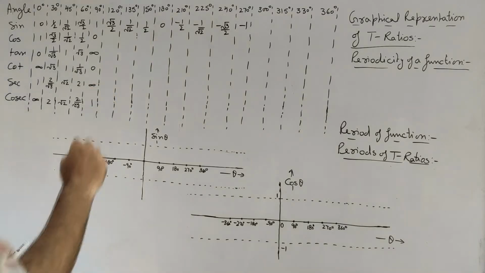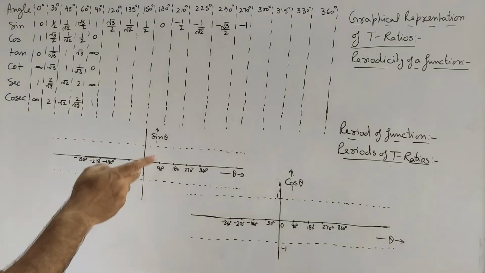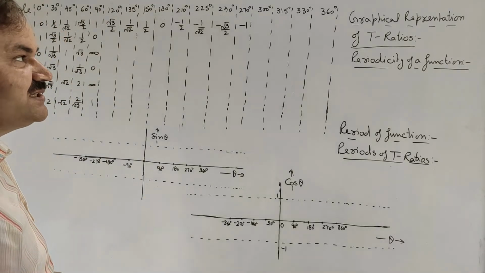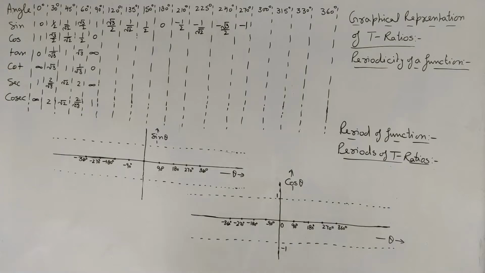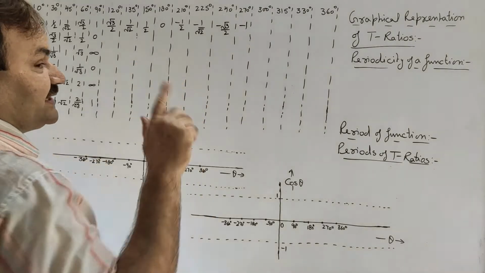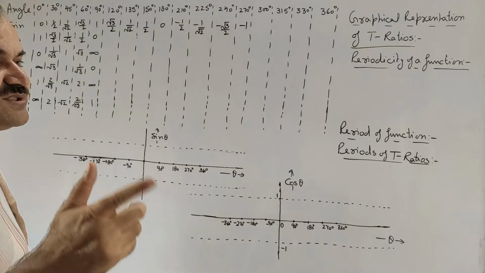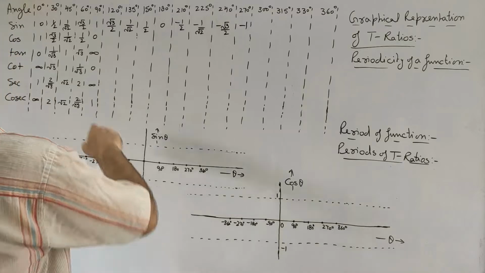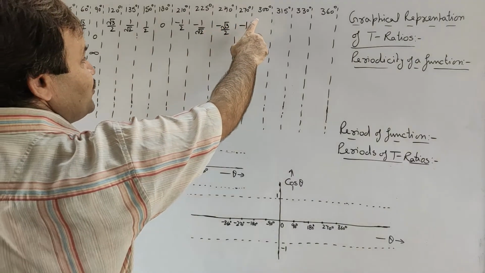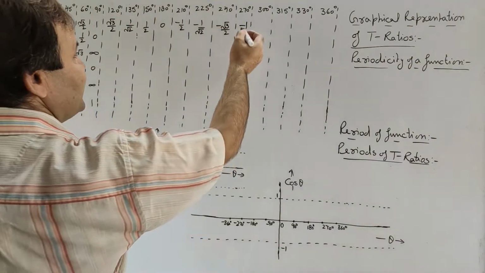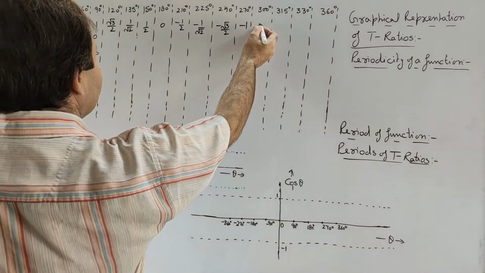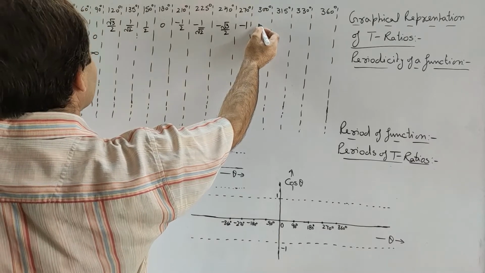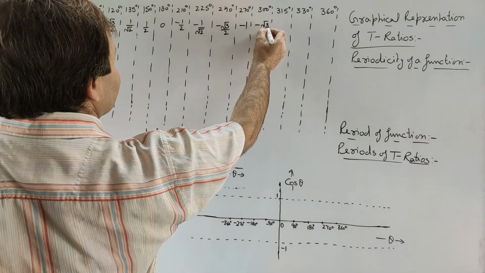Now we come to 300 degree, then it will become 270 plus 30. 270 plus 30 will lie in fourth quadrant. In fourth quadrant also sine will be negative, and it is the case of 270 degree, so sine will change into cos, cos into sine, tan into cot, cot into tan, like that. So for 270 plus theta, sine 270 plus 30 is sine 300, and that will be minus cos 30, and minus cos 30 means minus root 3 by 2.